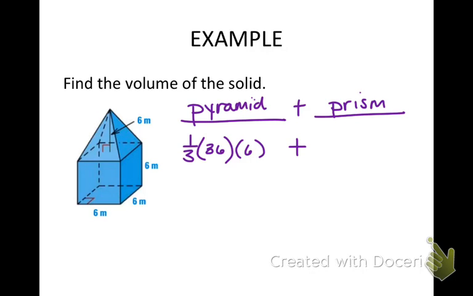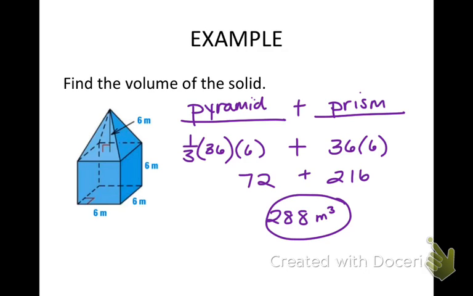Prism is just B times H, so 36 times 6. 36 times 6 is 216. 1/3 of that is 72. So when I add those together, we get 288 meters cubed.